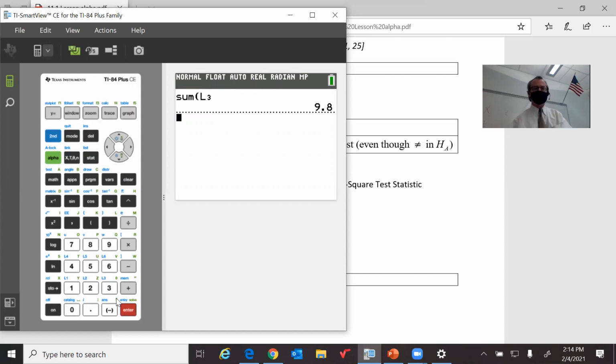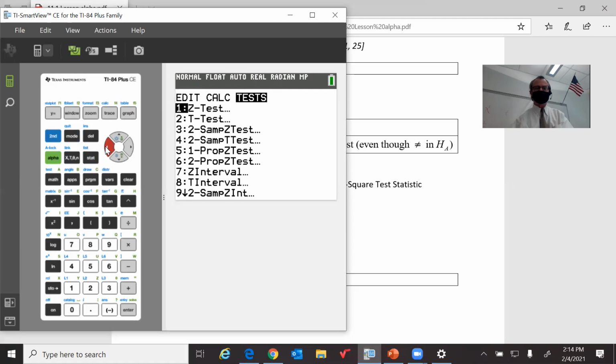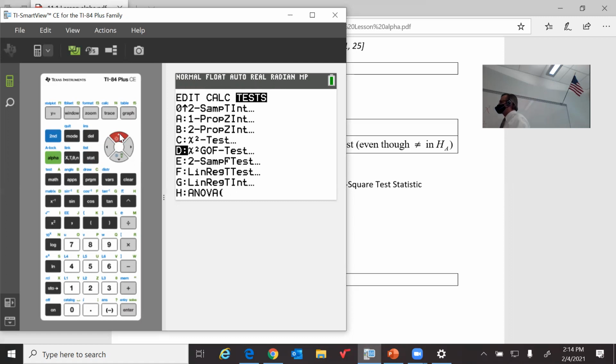So if you have an 84, you could just go here. Stat, test, and here's the goodness of fit test. So the newer operating system will have 2 chi-square tests. The older operating system will not. So the older operating system, you have to do what we just did in the list menu.